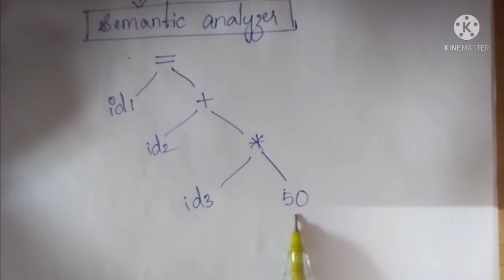In the question they have given 50 in the last place, so I have written 50 in this place. Okay, this is a semantic analyzer. This is an annotated syntax tree.